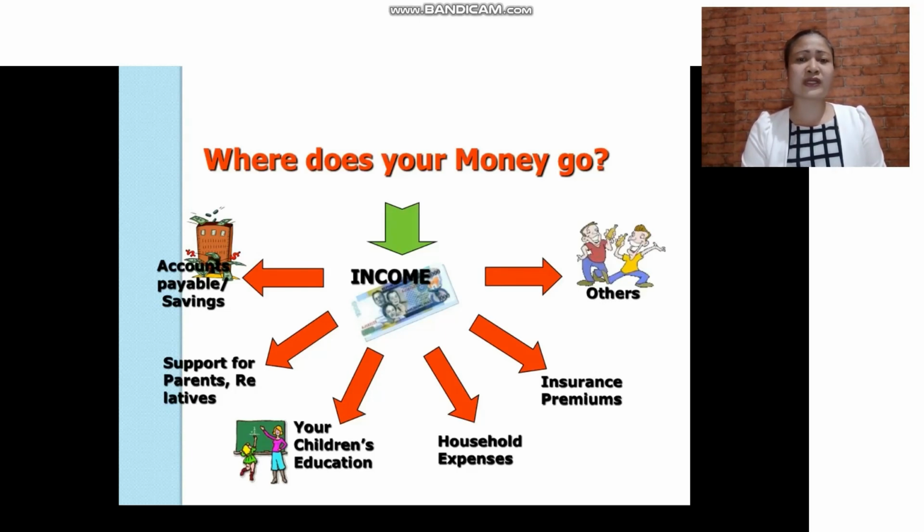Then for your luxury, if you want to go to a mall to buy something or eat in a restaurant or anything. So those are the different things where we use our money or our income.